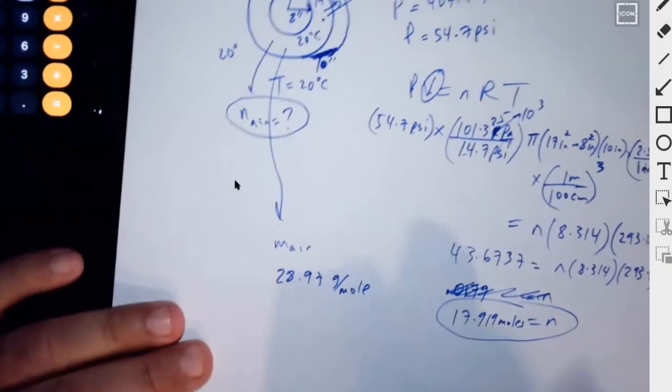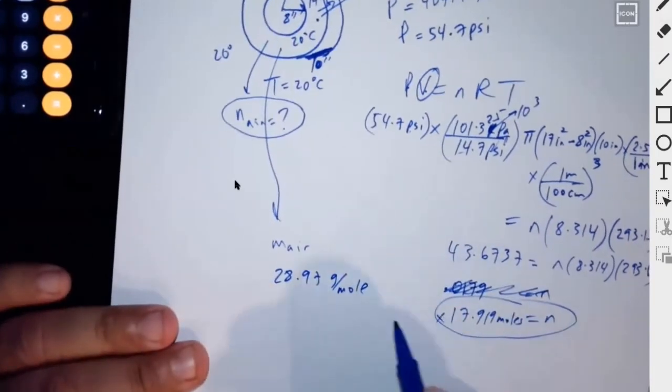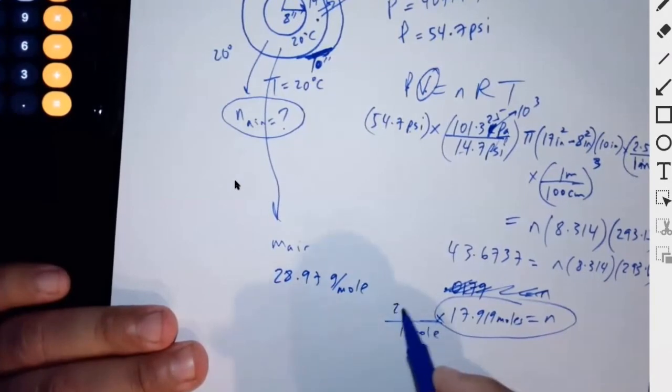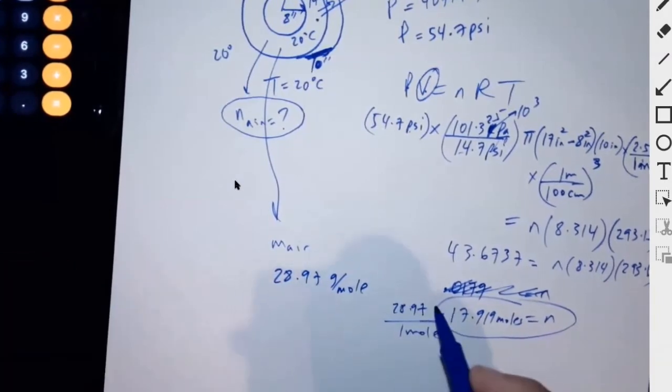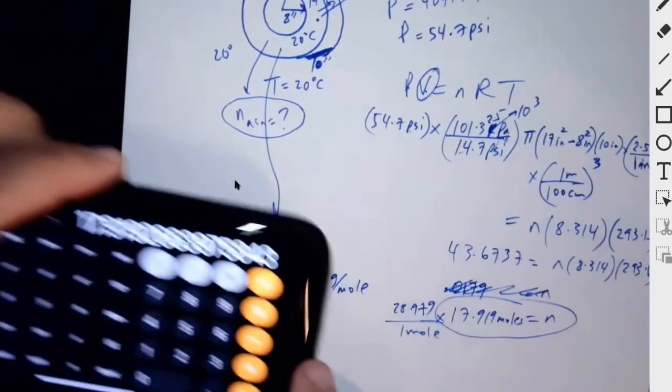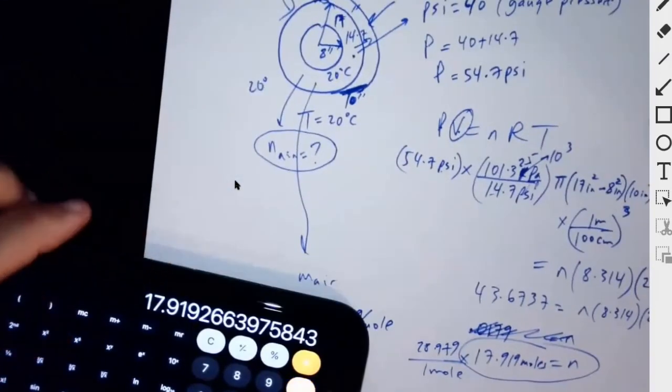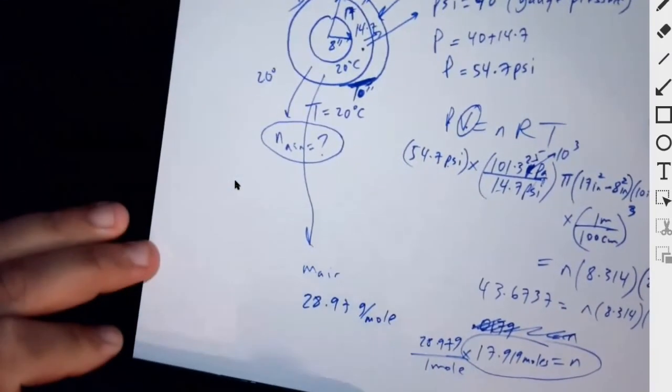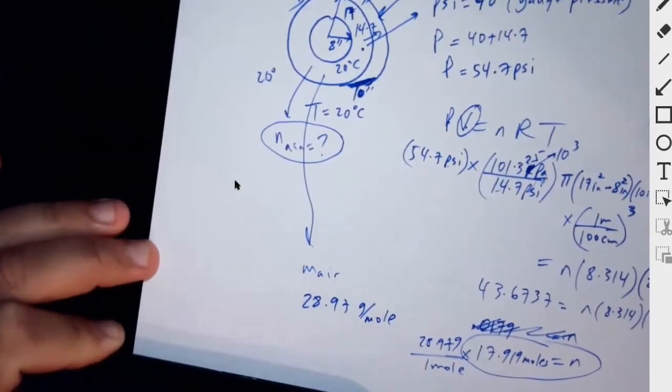Okay, so then if I want to calculate, I say 1 mole has a mass of 28.97. Let's see if the numbers make sense. Times 28.97. Okay, so the mass of the air, 519.1.